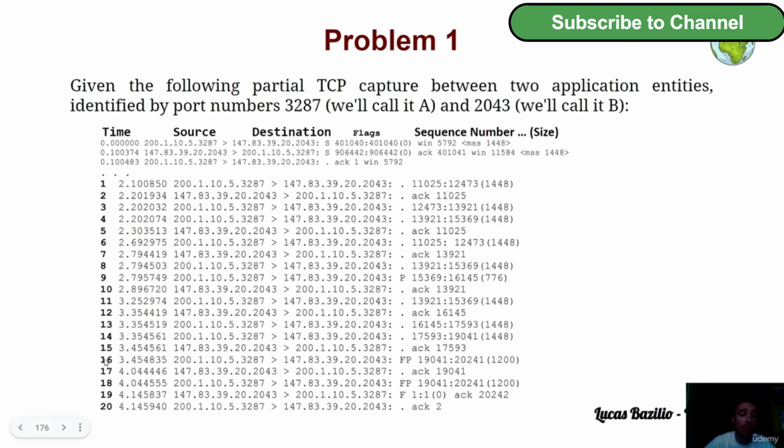That's why it is very precise. On 11 and 12 we have the acknowledgement of another sequence number, so it may not be that precise, but on 13 and 15 we have the sending, and on packet 15 the acknowledgement of the segment that we sent before, with the same sequence number.